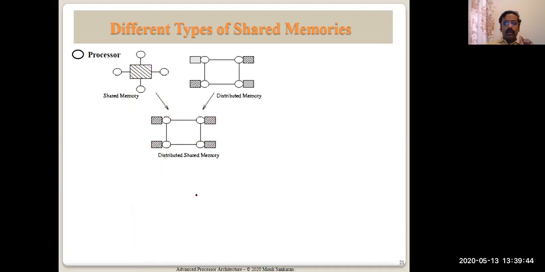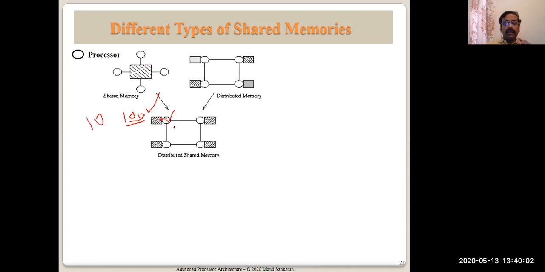Okay. So now I said this is 100. This processor may access location 100. In that case, because it is directly connected, it will access it in a shorter number of cycles, maybe 10 cycles.